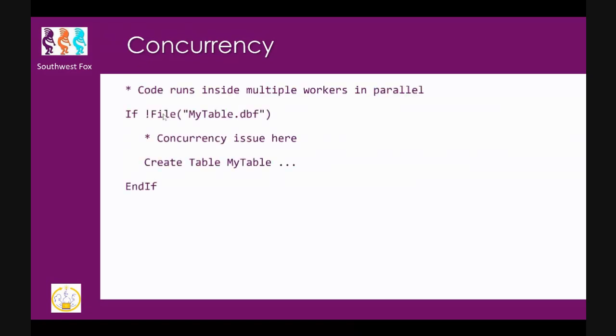So take this example where I am creating a table on a network drive, and imagine this is a multi-user situation. What are the chances that you have two users that run this line of code exactly at the same time on two different machines?